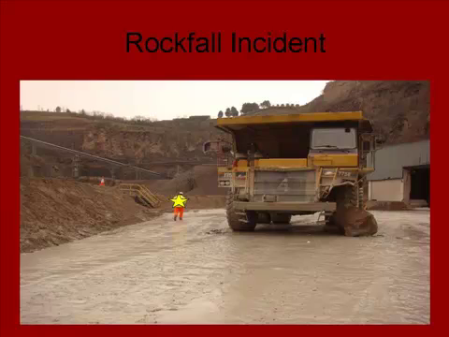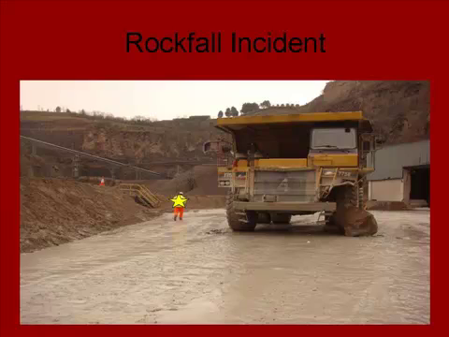Right, this photograph was taken at one of the largest quarries belonging to one of the UK's largest quarrying companies. A rock fell, by the way, that guy hasn't actually got a star pinned to his back. I just thought I'd point that out. It'd look a bit silly, wouldn't it? A rock fell from the quarry face onto the dump truck. It may have bounced first, or it may have been launched out from a bench below the fall zone as a launch feature.